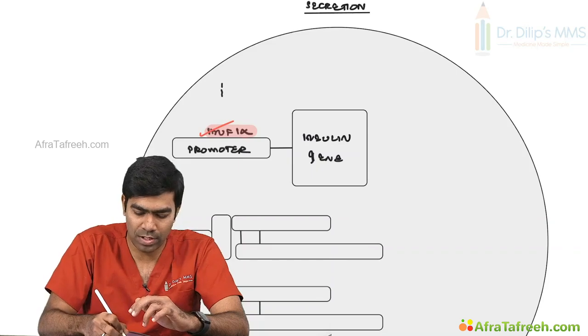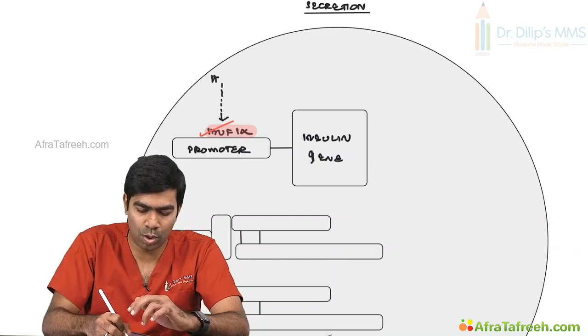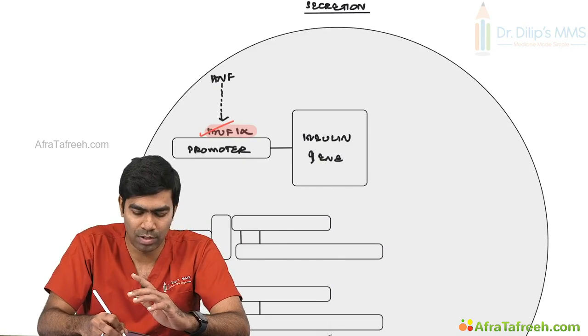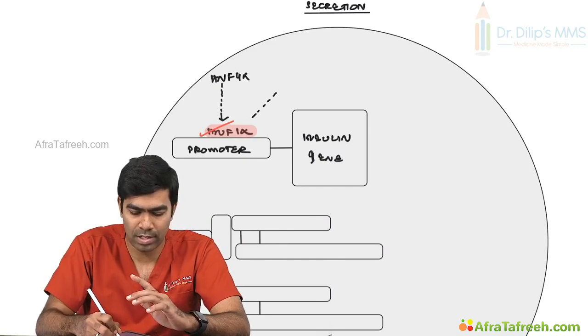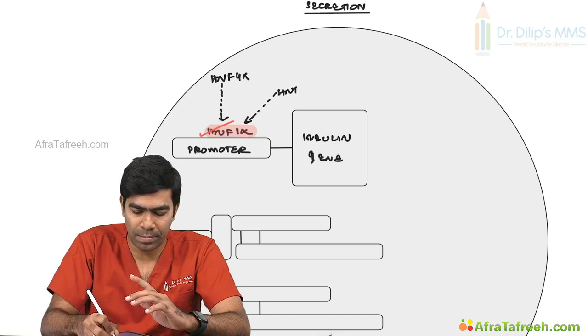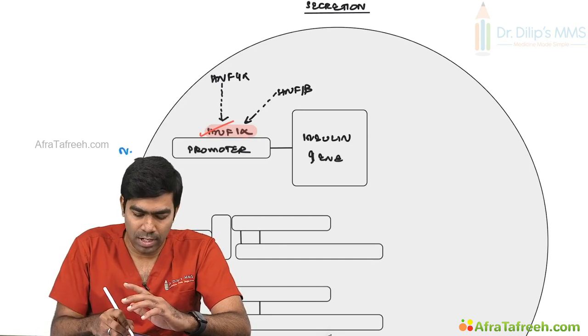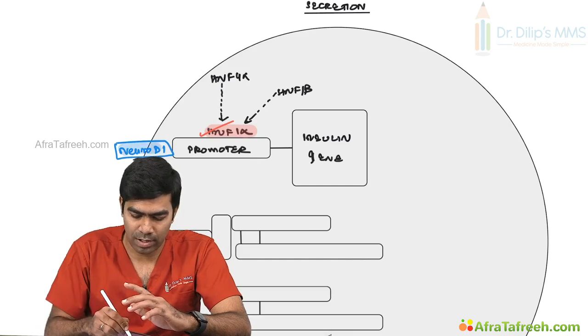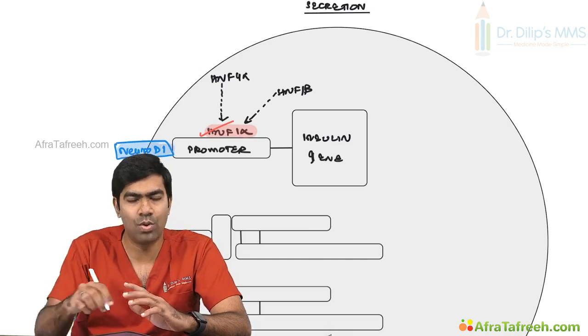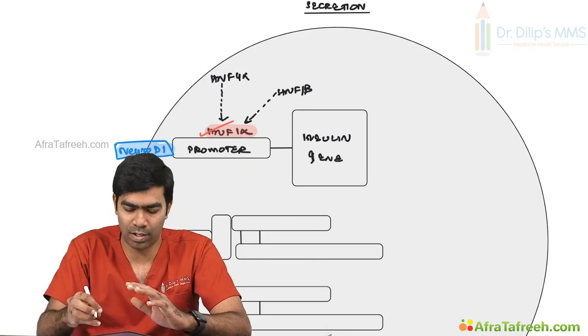And HNF1 alpha is further regulated by two more hepatocyte nuclear factors called HNF4 alpha and HNF1 beta. All right. And the insulin gene promoter is also regulated by another important transcription factor called ND1, otherwise referred to as NeuroD1 or neurogenic differentiation factor 1.